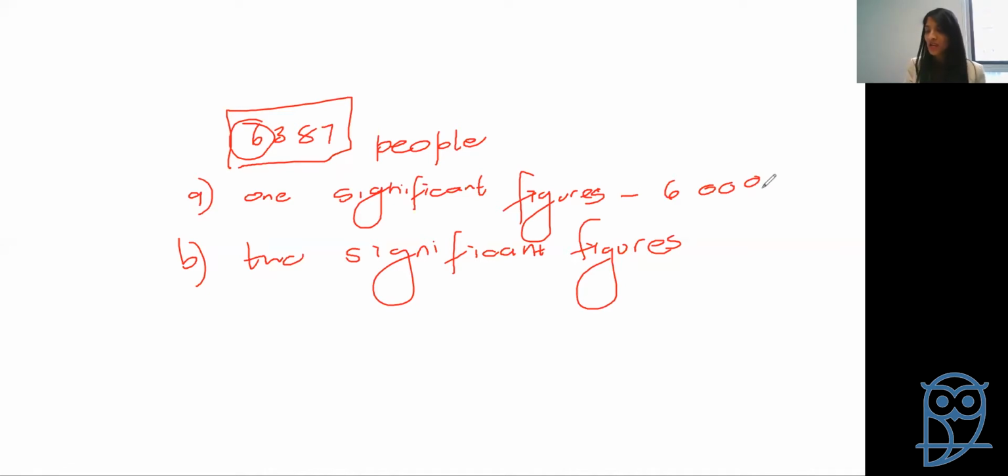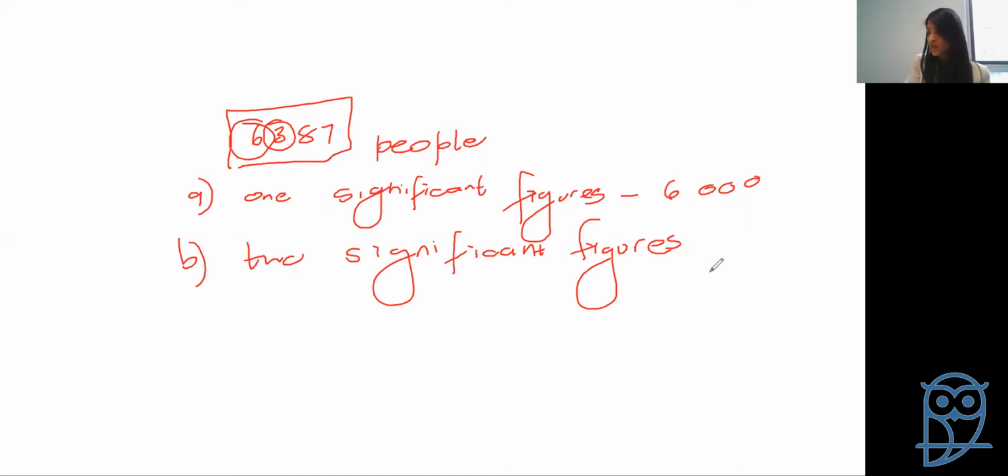B, it says two significant figures. Now, the second most significant figure is 3 because it comes in after 6 and its value is 300. Agreed? Its value is 300. So 3 would be the second significant figure.